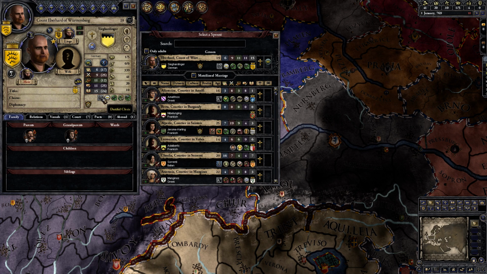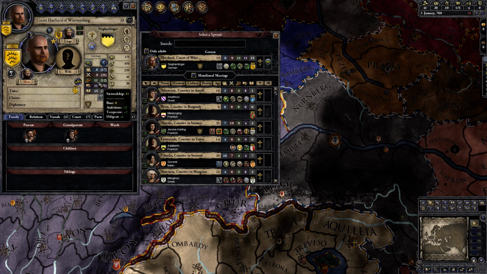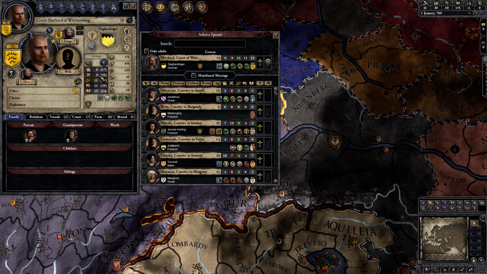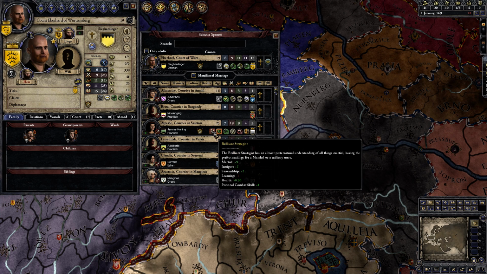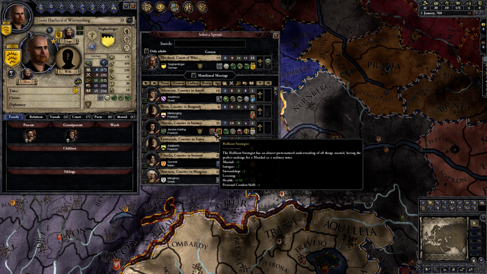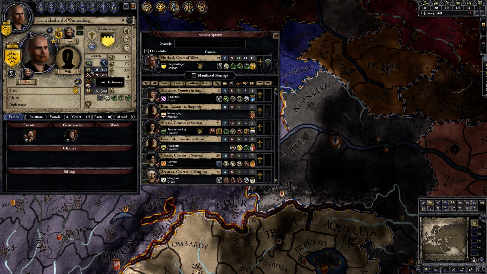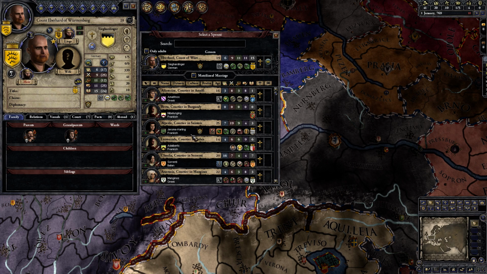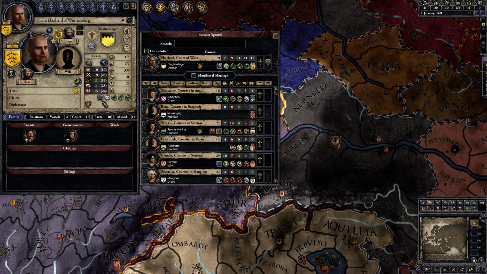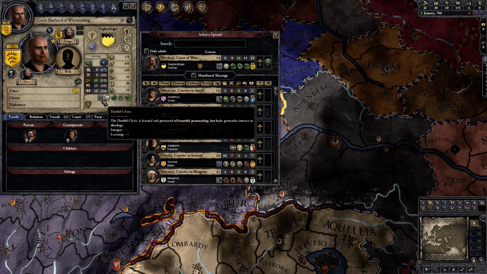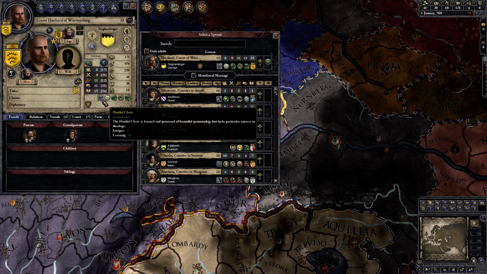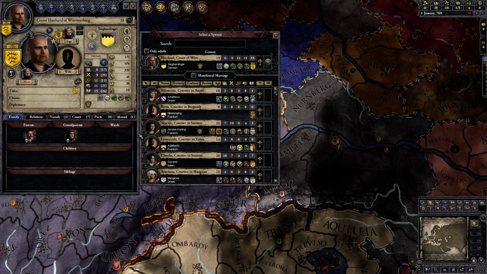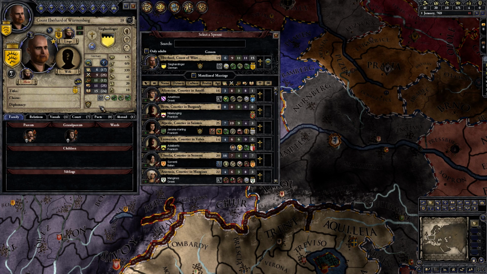There's green ones, which are stewardship. Red ones, which are military focused, and there's blue ones, which are diplomacy based characters. And you can see the level of it here. I have 2 pips, which means this is the second level out of 4.